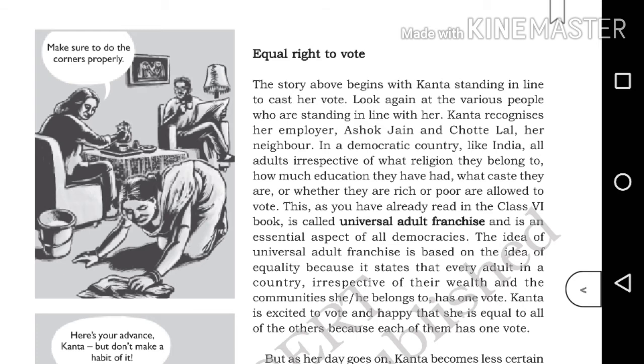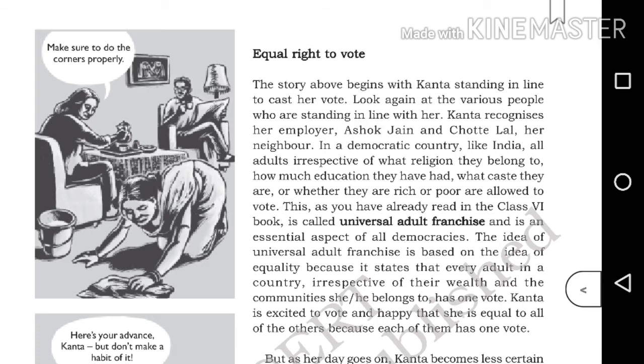Okay, so as we have seen in the story itself, all the people, whether they are rich or poor or whatever caste they belong to or whatever religion they belong to, all have one vote and all have to wait in a line to cast their vote. Okay, so this is what universal adult franchise means.